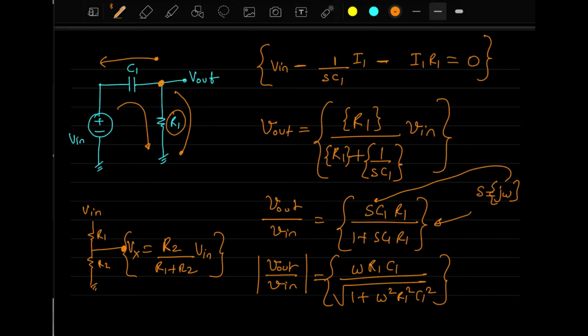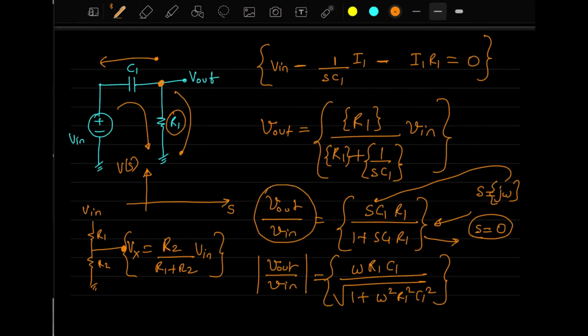Now the important thing is, if s is 0, you will get 0 as the output. So if you want to plot the frequency response, then if s is 0, this voltage gain is basically 0, so you will have a 0 over here.